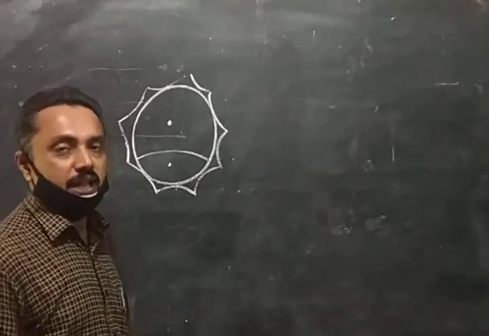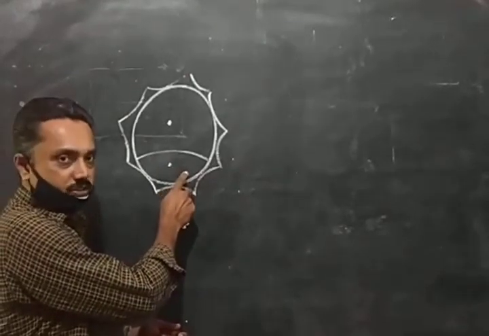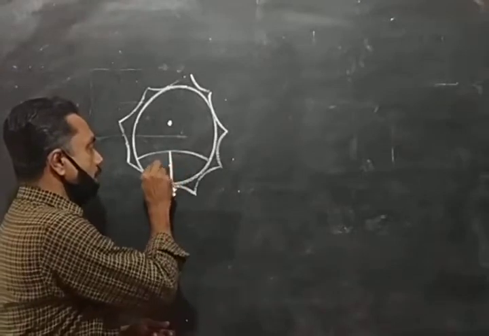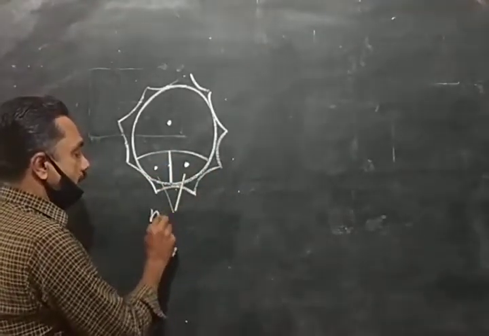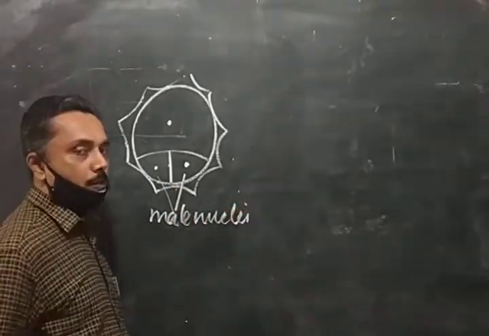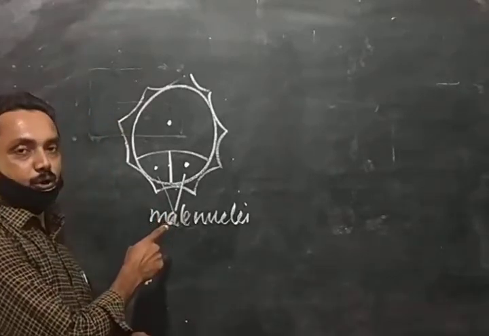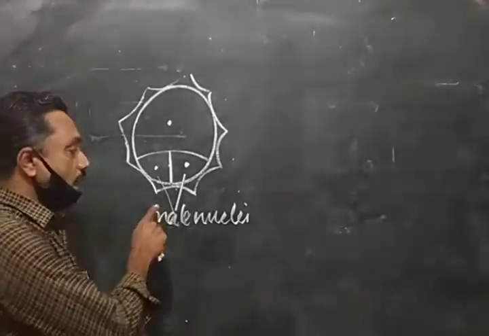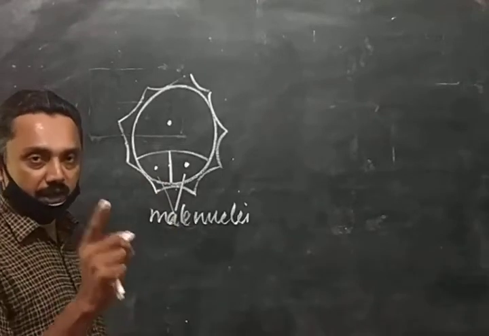In some other angiosperms, the small cell, the generative cell, divides into two male nuclei. So this is the structure of male gametophyte or mature pollen grain in angiosperms. There are two male nuclei present in one male gametophyte or pollen grain.